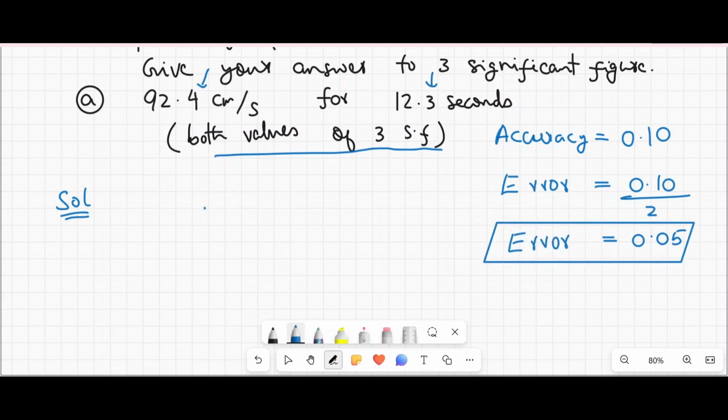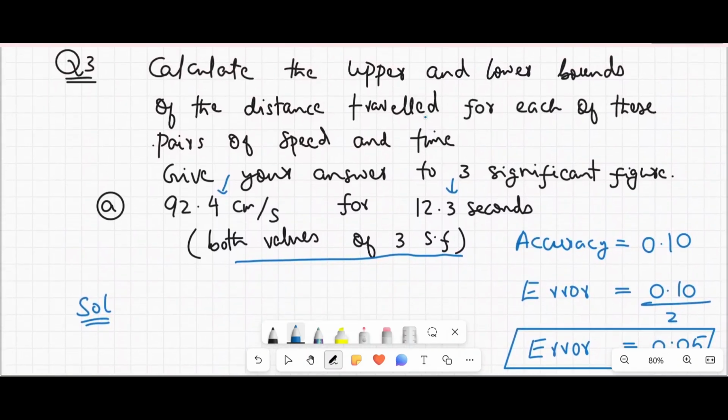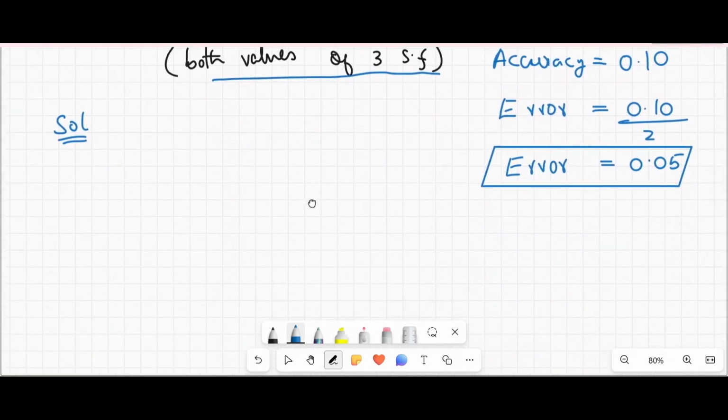Now the question says we have to find the upper and lower bound. So let's find the upper bound first, the upper bound of the distance.